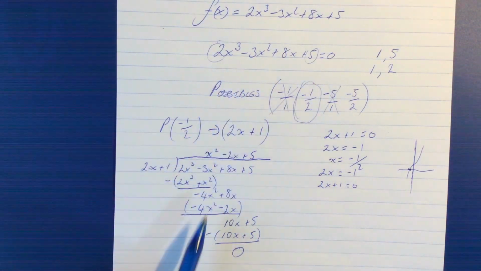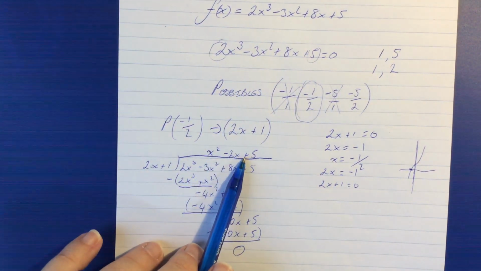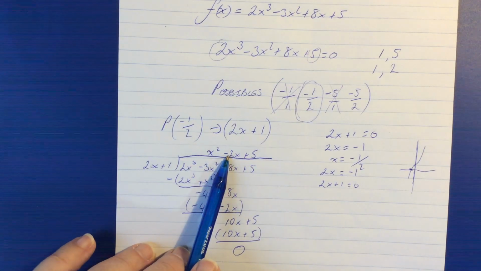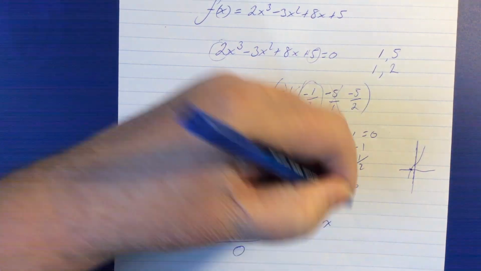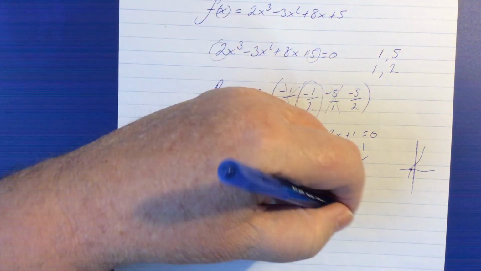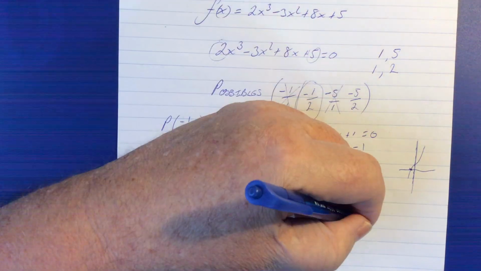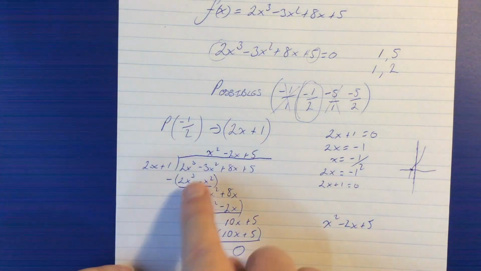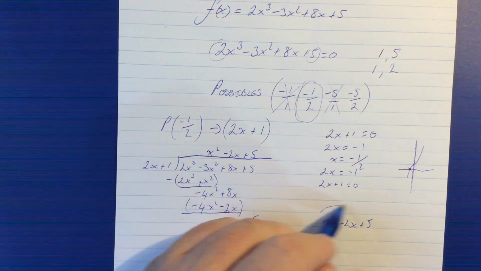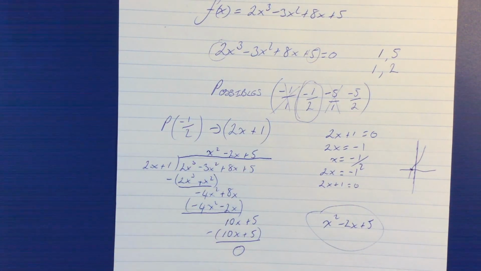For this cubic. Now, I won't go any further, but if you wanted to see if there are other factors, minus 2x plus 5, which is what we get up here, you would take this and you would either try to factorize it. It's not going to factorize easily.